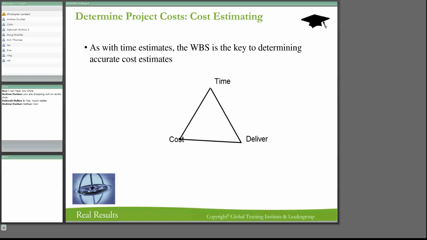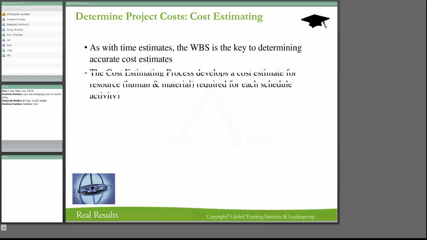Now, last week we looked at the time, and this week we're looking at cost. And strangely enough, these two things need very similar processes. So the work breakdown structure is the key tool and technique to find those. The cost estimating process develops a cost estimate for the resources, both human and material.